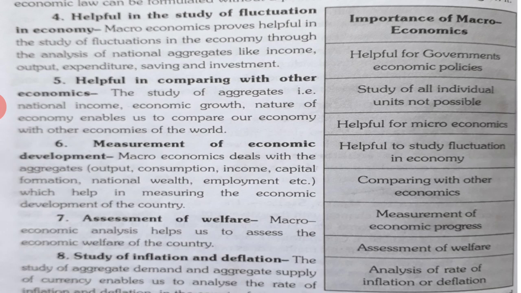Sixth point, measurement of economic development. So how will economic development of a country happen? When the GDP is rising, first, national income is rising, per capita income is rising, the standard of living of citizens of the nation is rising, capital formation is rising.